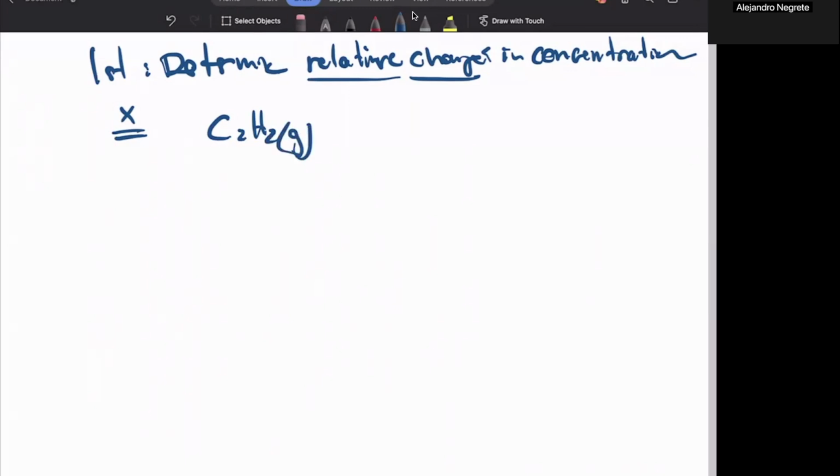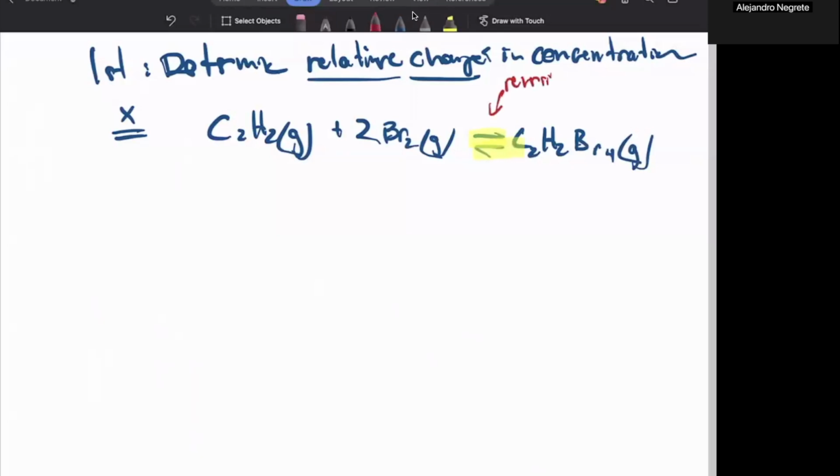We've got some methane. I'm going to provide you with some information as well. This isn't information that I would ask you to automatically know. We understand that this is a reversible reaction. We can start with the reactants, we can start with the products, or we can start with both in order to come to equilibrium.